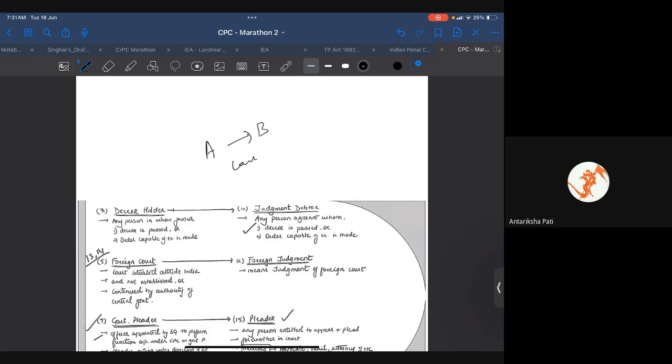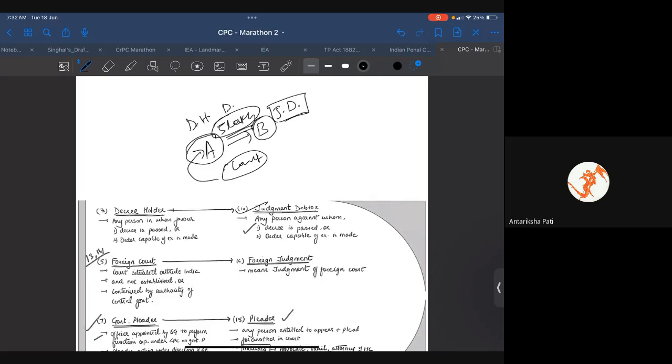A filed that B had taken 5 lakh rupees from him and is not returning it. Now the court decides yes, A is to get 5 lakh rupees. So A becomes the decree holder. This decree is of 5 lakh, and B becomes the judgment debtor. Anyone who owes under the decree is the judgment debtor, and anyone in whose favor the decree is passed is the decree holder.